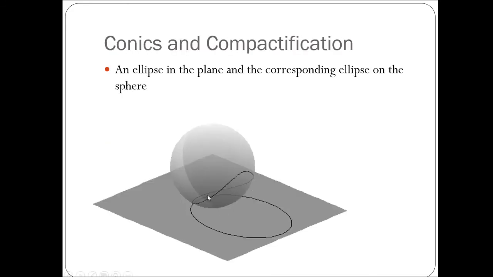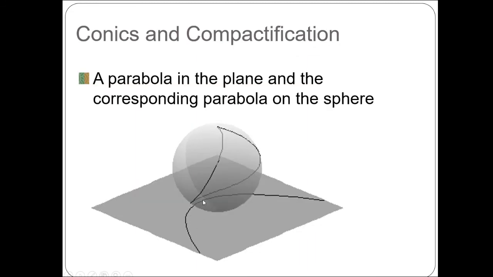Now, an ellipse down here in the plane will correspond to a curve up here on the sphere, which we'll call an ellipse. A parabola in the plane corresponds to another curve on the sphere. Note that the parabola has two branches down here in the plane, and those branches on the sphere both converge to the point at infinity on the North Pole.